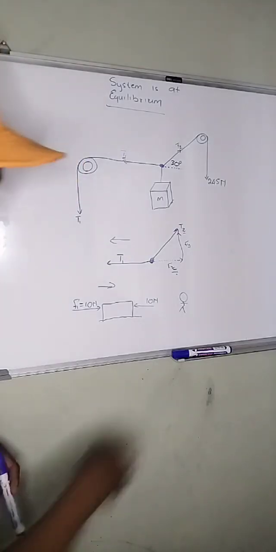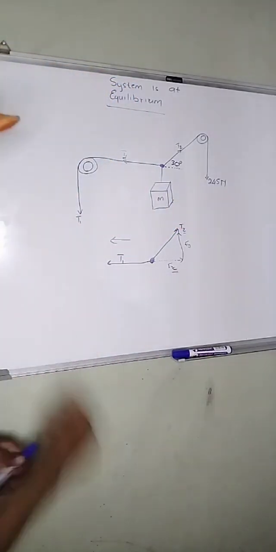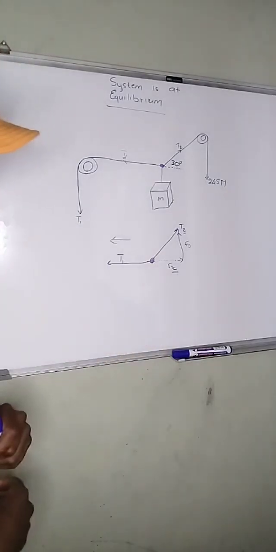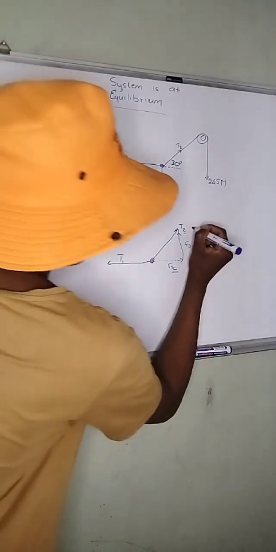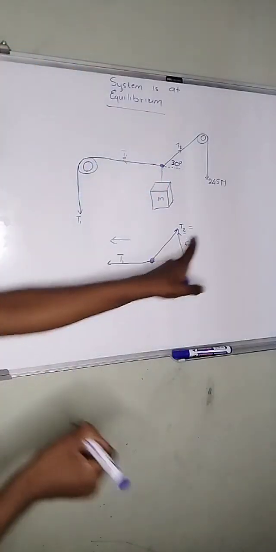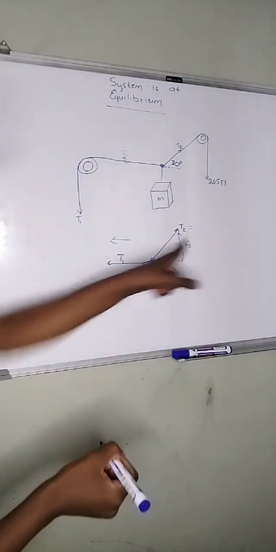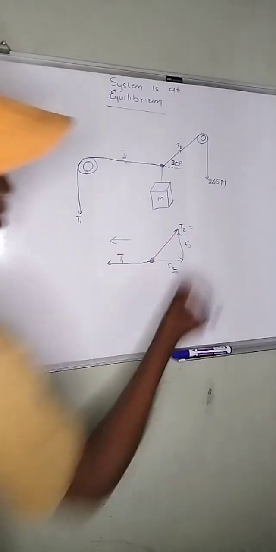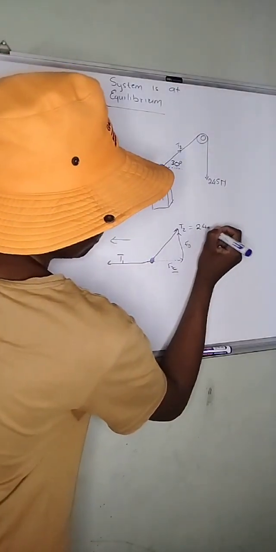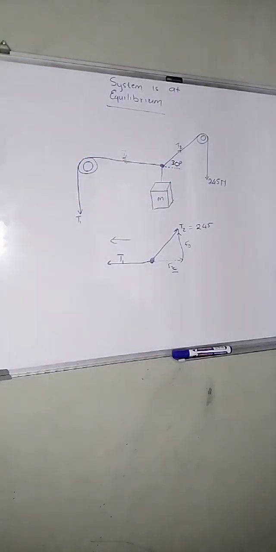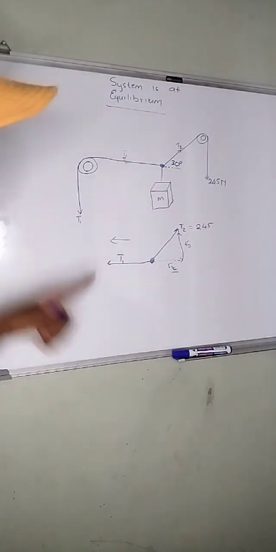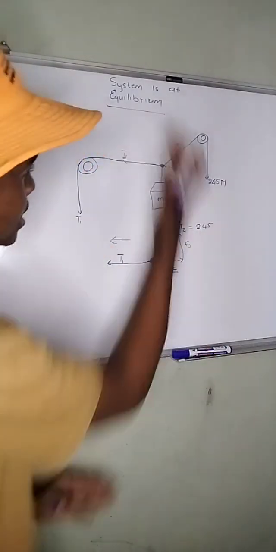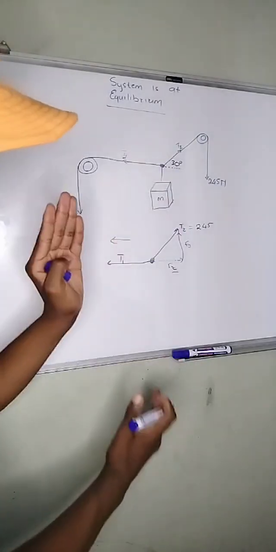Oh, thank you very much. So now what am I going to do? I'm having T2, right? T2 already is going to be 245. Now let's talk about the vertical direction.